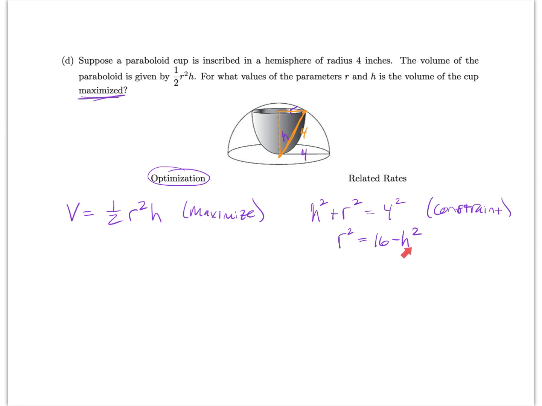I'm not going to bother solving for r. I'm just going to replace the r squared here. So I have volume is 1/2 times 16 minus h squared times h. Distribute my 1/2 and distribute my h, and I get volume is negative 1/2 h cubed plus 8h.